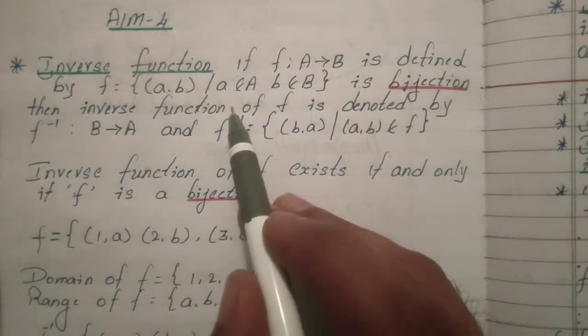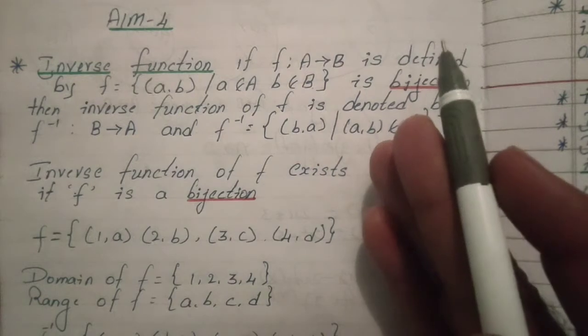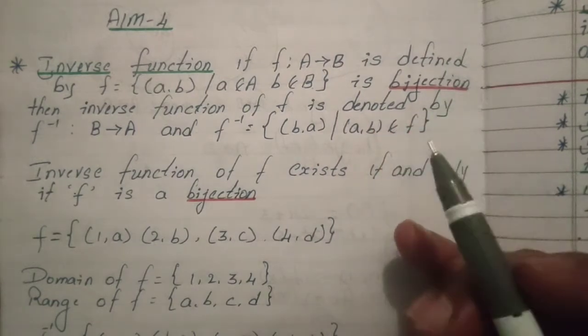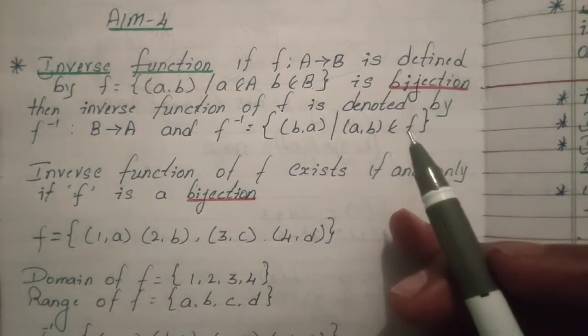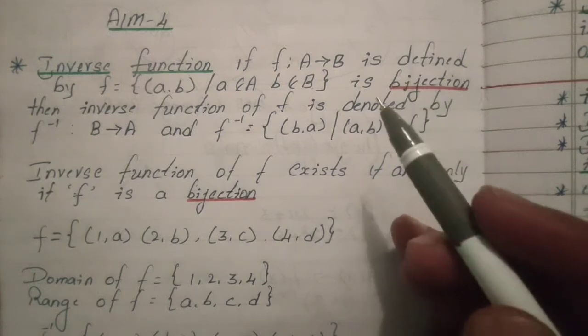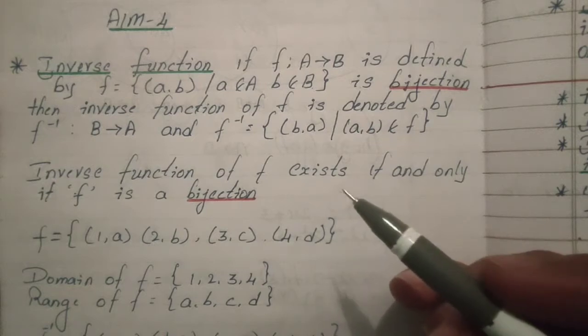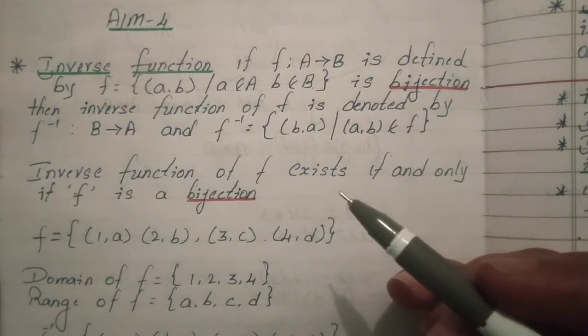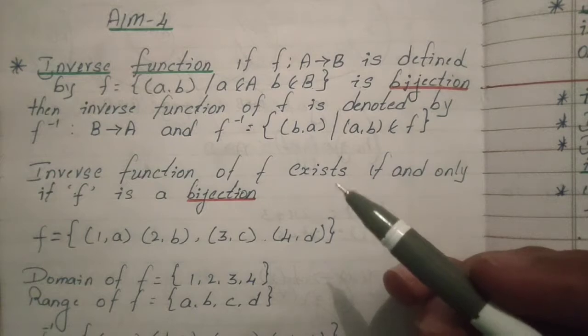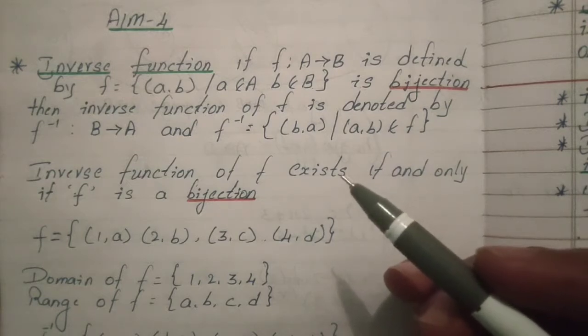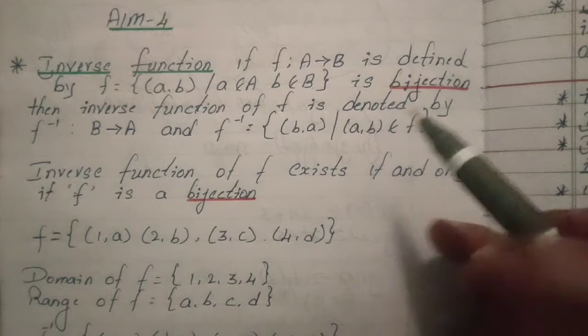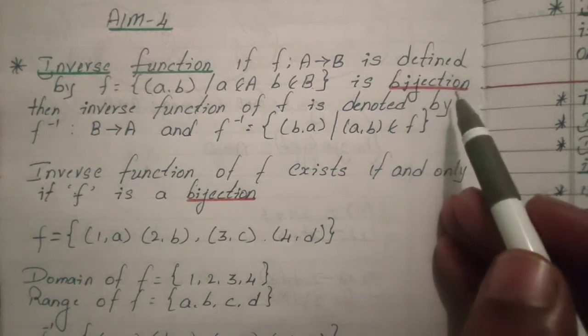Every element of set A having distinct image in set B, it is one-to-one. What is onto condition? The range and codomain must be equal. So if these two conditions are satisfied, the function f is said to be bijection.